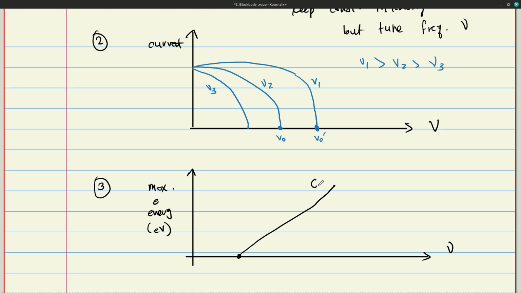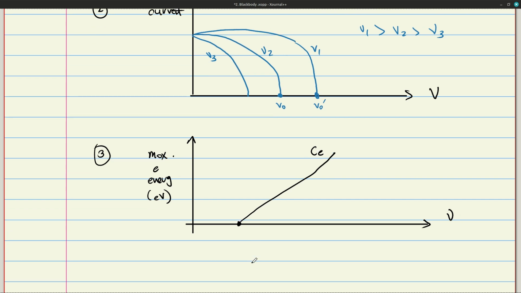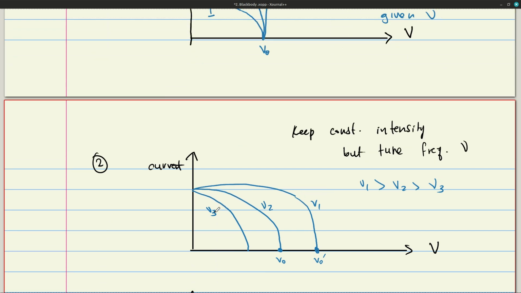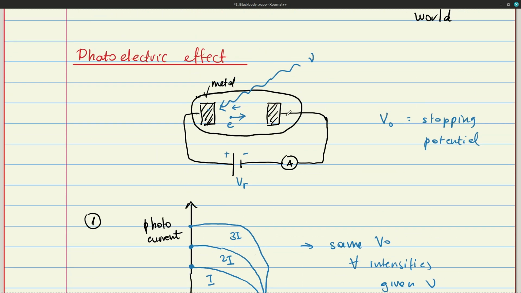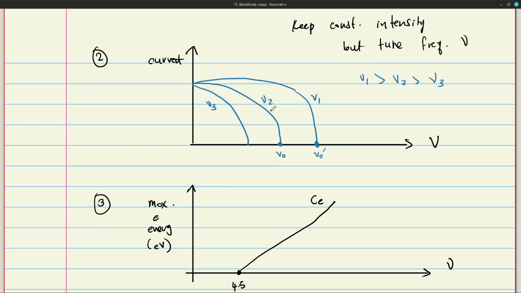So this is cesium, and this threshold frequency seems to be 4.5 times 10 to the 14 hertz, which is equivalent to 1.9 eV. So this is for cesium as the host metal. Rather than cesium, let's say you are using sodium.